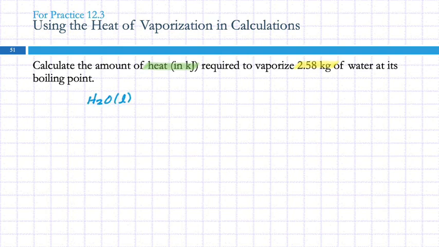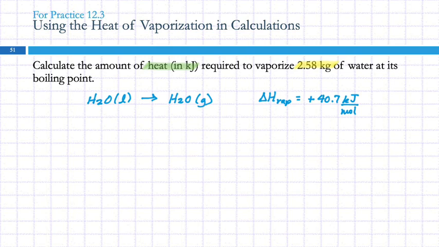So what's happening here is we've got liquid water that's evaporating, right? And delta H for that reaction is the heat of vaporization for water, which is 40.7 kilojoules per mole. I don't expect you to know that number. You would go look it up.